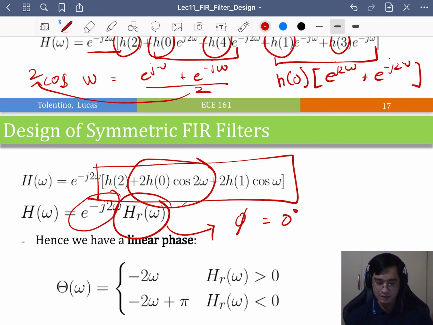So, if you want to get theta of omega, we can just add the phases of these two terms. The phase of this one is negative 2 omega plus 0 degrees. Phi is 0. What is that notation? Theta, phi.